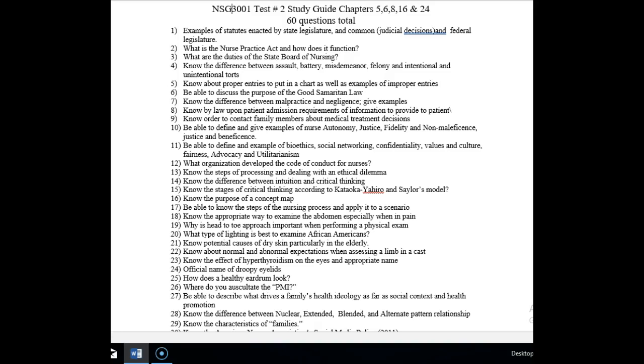Be able to define an example of bioethics, social networking, confidentiality, values and culture, fairness, advocacy, and utilitarianism. So all of those are, once again, definitions of things that you need to know about.